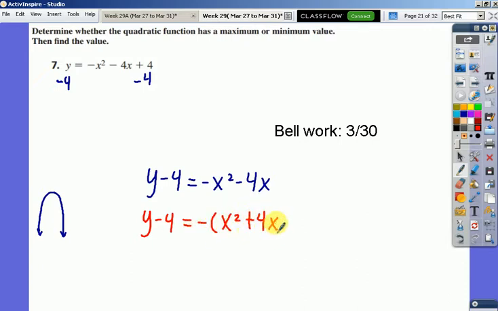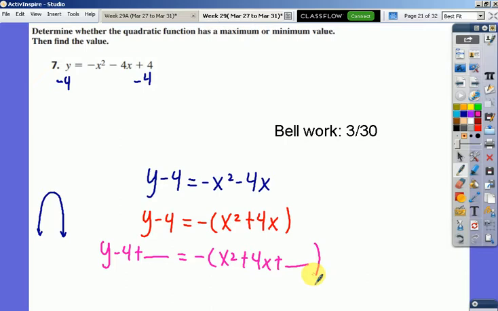And then I complete the square. So once I take out any GCF, like if I'm holding by a GCF, where I take out a negative, then I can complete the square. So, let me do that. Y minus 4 plus blank equals negative x squared plus 4x plus blank.